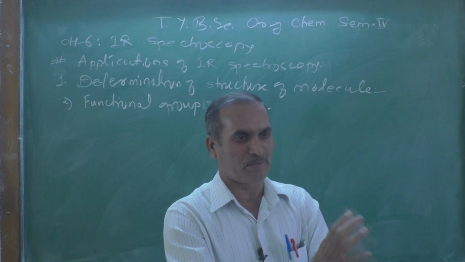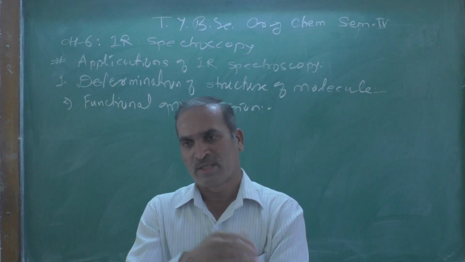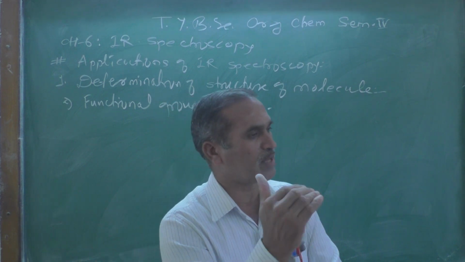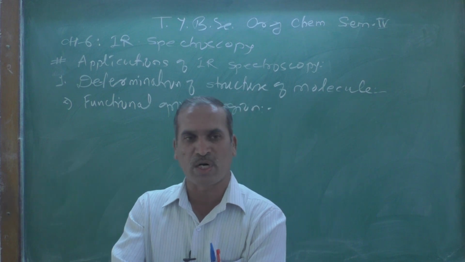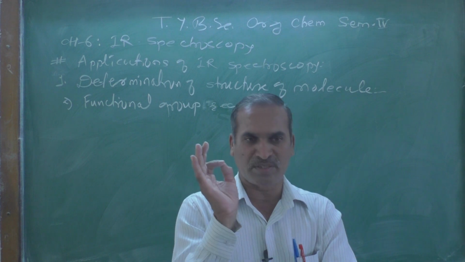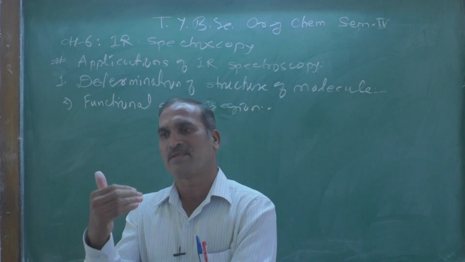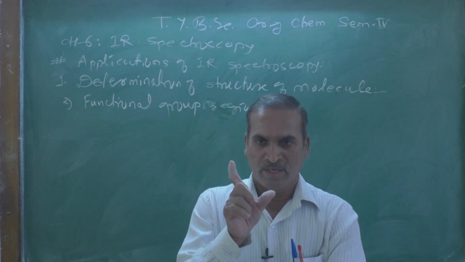Those organic compounds that obey Huckel's rule are termed aromatic compounds, and the rest of the compounds we can call aliphatic compounds. That is one of the simplest tips and tricks to recognize an aromatic compound from an aliphatic compound.